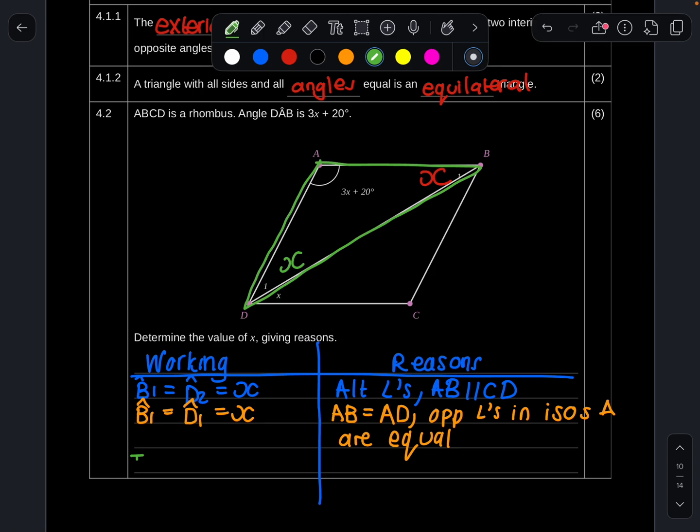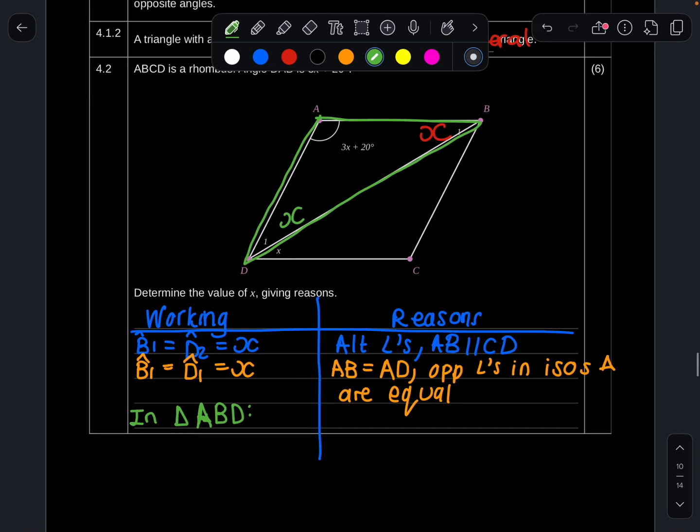So we can say in triangle ABD, we've got 3x plus 20 plus x plus x. That adds up to 180 degrees because the interior angles of a triangle add up to 180 degrees.